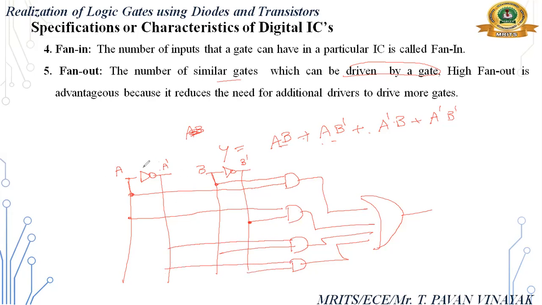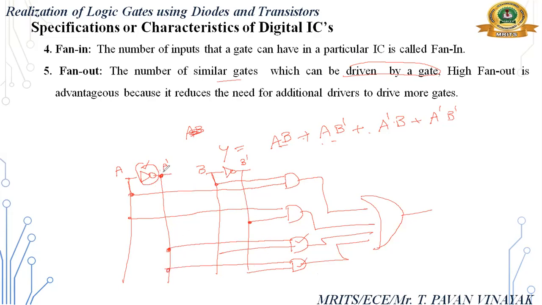Let us consider this is one NOT gate, one logic gate. The output of this gate is used by how many gates? The output A bar is used by 2 gates, this one and this one.